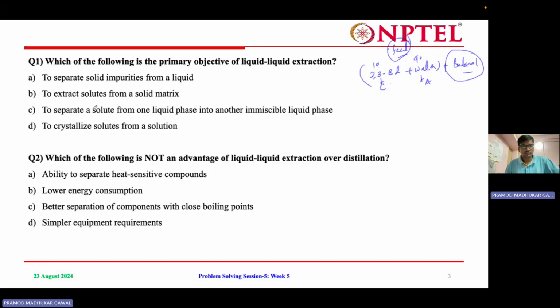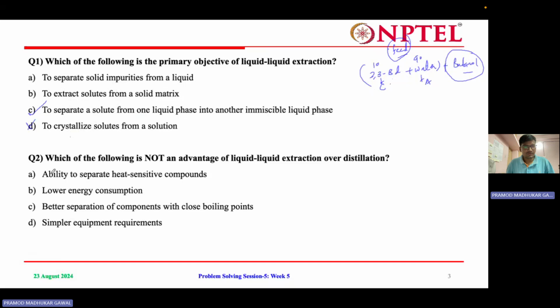Now coming to the options: to separate solid impurity from the liquid, or to extract the solute from the solid matrix, no. To separate the solute from one liquid phase into another immiscible liquid phase, so option C is correct. Also check option D, to crystallize the solute from the solution. This is crystallization, so this is not it.